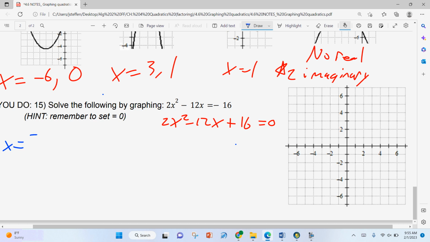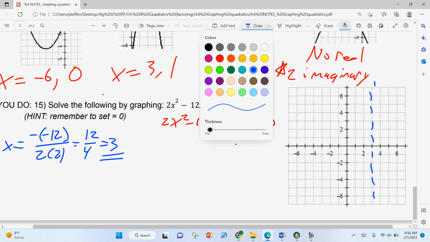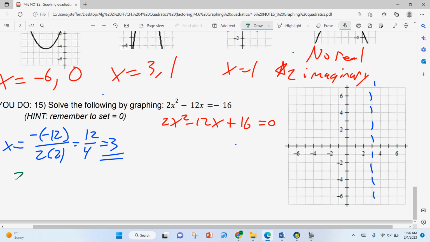Axis of symmetry is negative 12 over 2 times 2, so 12 over 4 is 3. Plug back in, 2 times 3 squared minus 12 times 3 plus 16. That's going to give you the y value of your vertex. It's at 3.